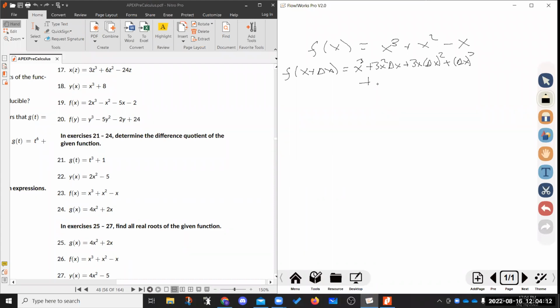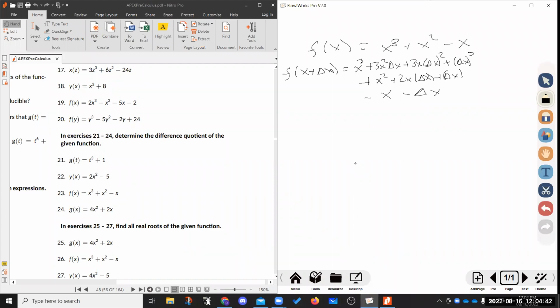plus, now I've got to do it with the squared, so that's x squared plus 2x delta x plus delta x squared minus x plus delta x, so minus x minus delta x.